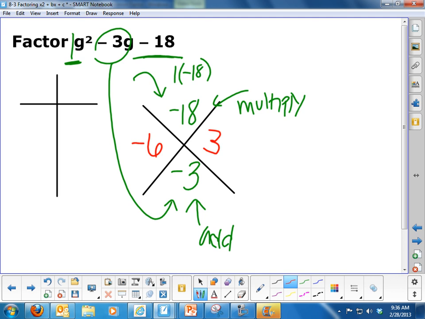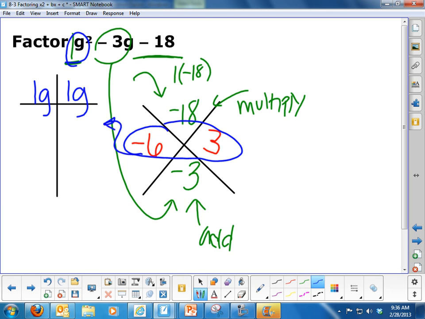So now I'm going to come over here to my t to finish out my problem. Notice this is tx, Texas. All right, so I'm going to take the first coefficient and the first variable, 1 and g, and those go at the top of my t. Underneath that goes these two numbers. They just get carried over and they're going to get written right underneath, negative 6 and 3.